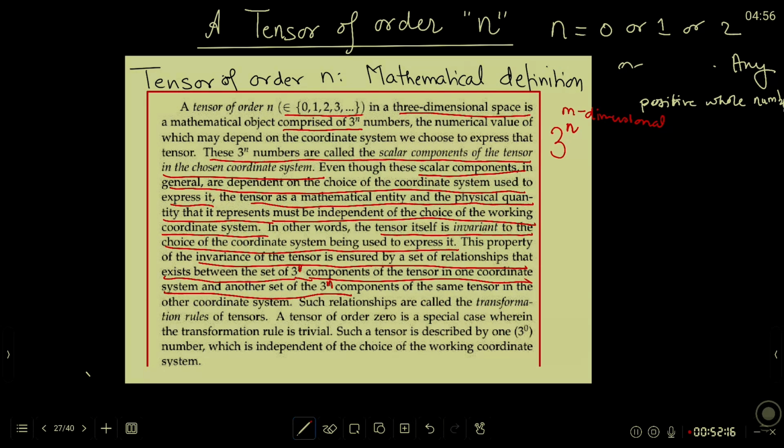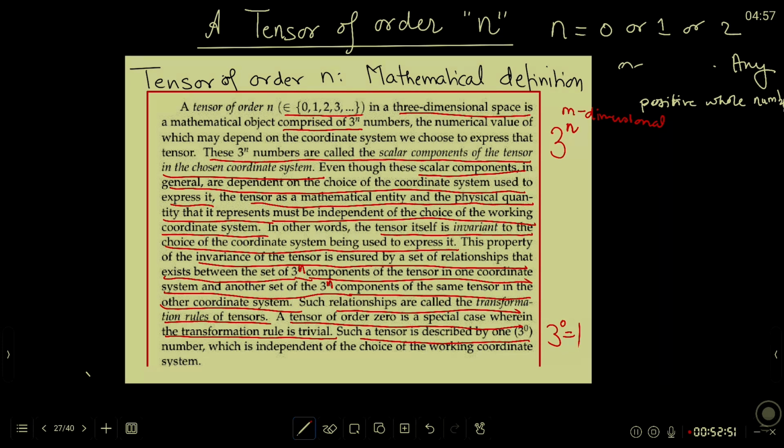A tensor of order 0 is a special case wherein the transformation rule is trivial. Such a tensor is described by only one number. After all, 3 raised to the power 0 will be just 1. And since it is described by just one number, this is a special case in which you go to any coordinate system, that component of the tensor will be independent of the choice of working coordinate system.